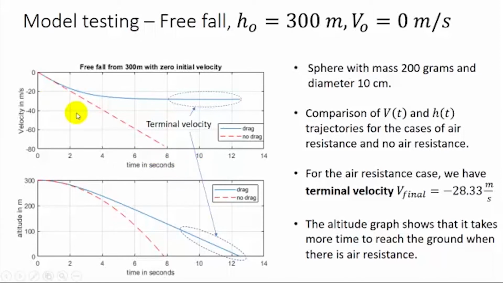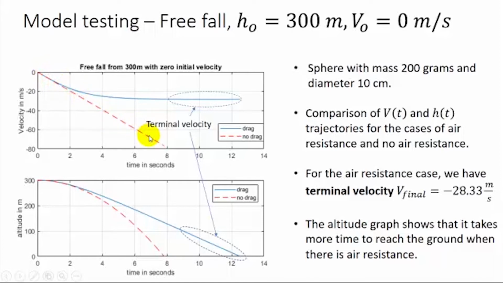Another important point to notice is that for the case without aerodynamic resistance, the expression of the velocity is linear as expected because it's equal to minus g times the time. Therefore, it's a linear line with slope minus g.